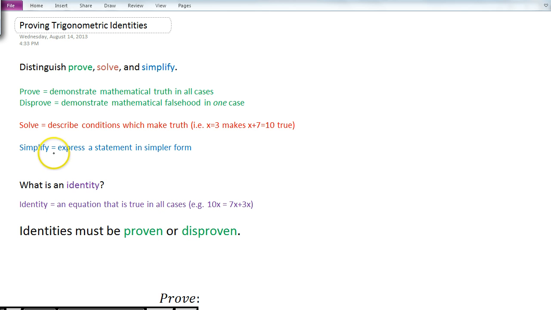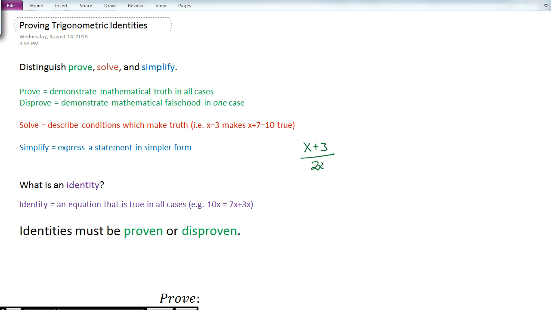And then finally, you get instructions to simplify. This is quite different because a mathematical expression or mathematical statement doesn't involve a verb. So the statement x plus 3 over 2x doesn't have a verb in it.